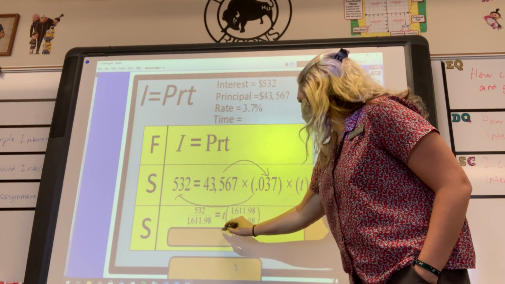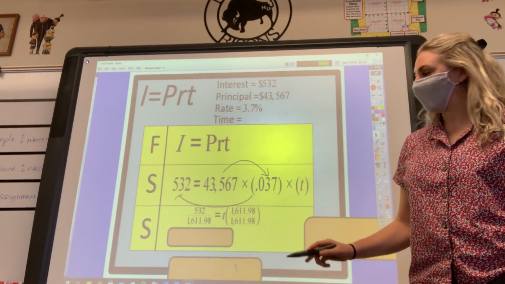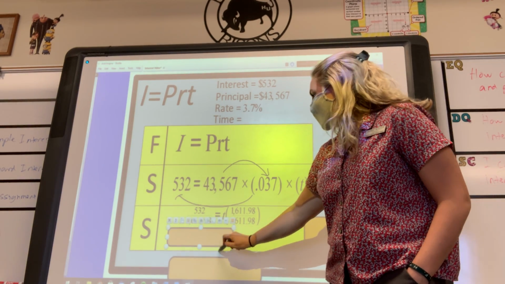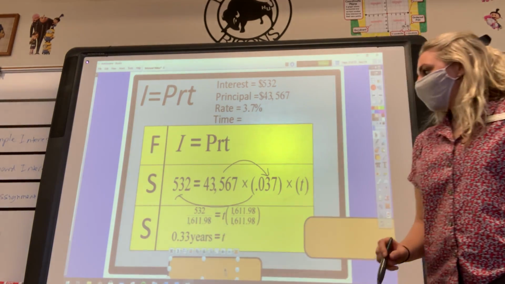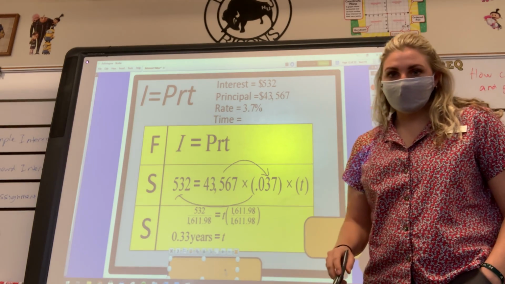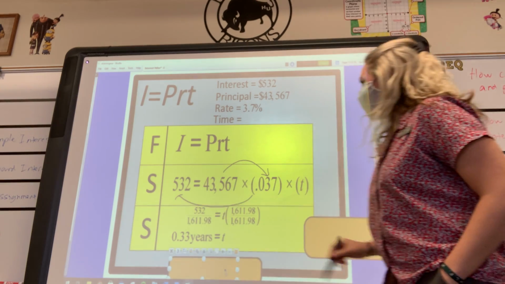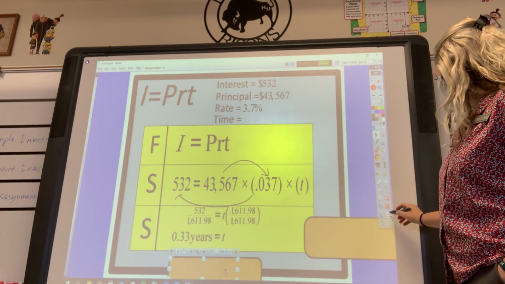So right here, once you do that division in your calculator, 532 divided by 1,611.98, you will be left with 0.33 years. So remember, multiply what you can and then divide by your interest.